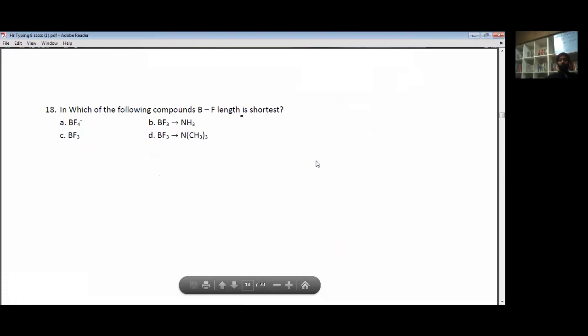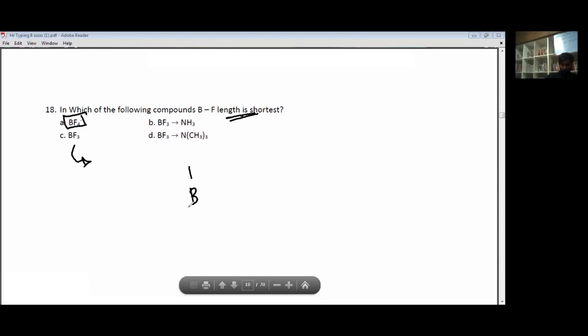Question number 18. In which of the following compounds is the BF bond length shortest? BF4 minus, BF3 coordinated with nitrogen, BF3 coordinated with carbon, and so on. This is an independent BF3.